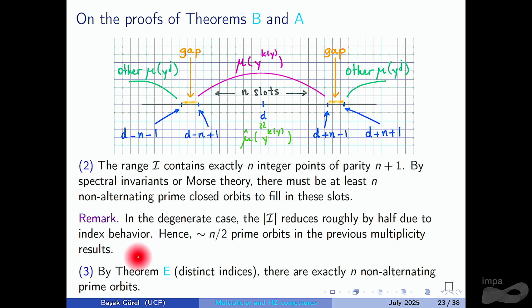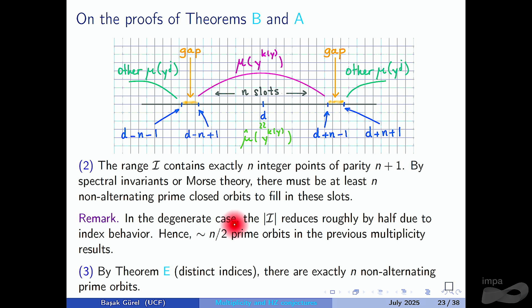Now, if you remove the non-degeneracy condition from what I've described, this range immediately reduces to n over 2. So the other half can be occupied with different iterations of the same orbit. So that wouldn't help you more than n over 2.